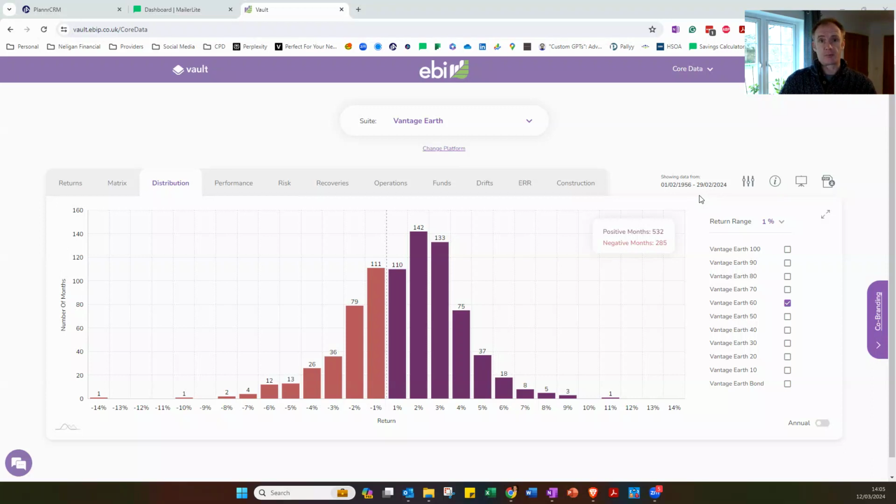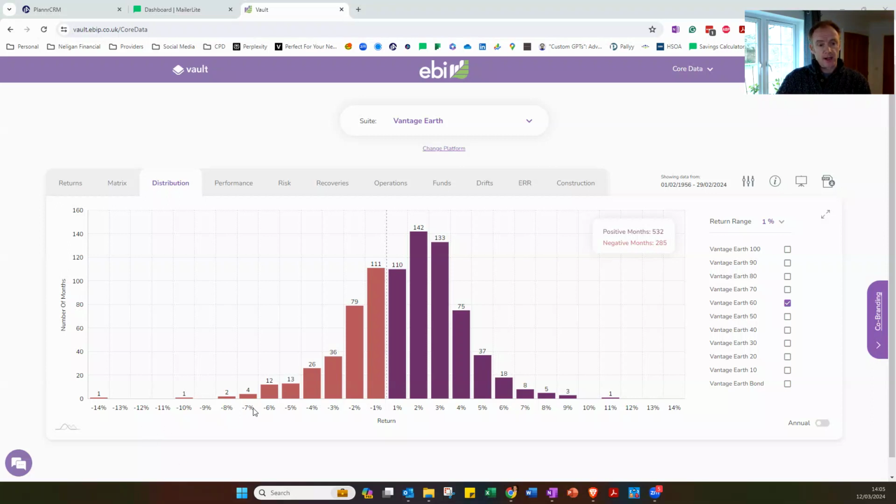Now, as with previous times I've shared this sort of data, most of the data is simulated returns because the portfolios haven't been around really that long, a 68-year period. And we're looking at, first of all, a portfolio that is 60% invested in global stock markets and 40% in global government bonds, so the lower risk end.